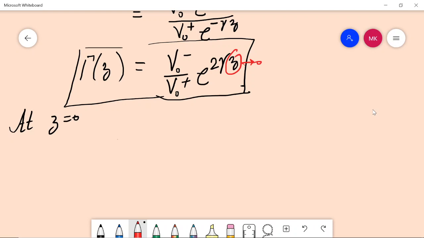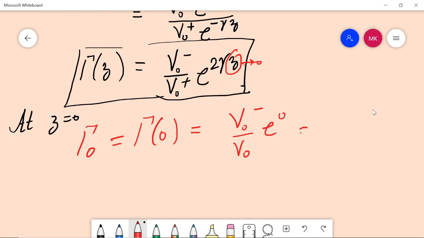We denote this one with gamma naught, where z equals to 0, which is defined as gamma 0, and now it will become just V naught minus over V naught plus. Here it will become 1, e to the power 0, and you will get just V naught minus over V naught plus.